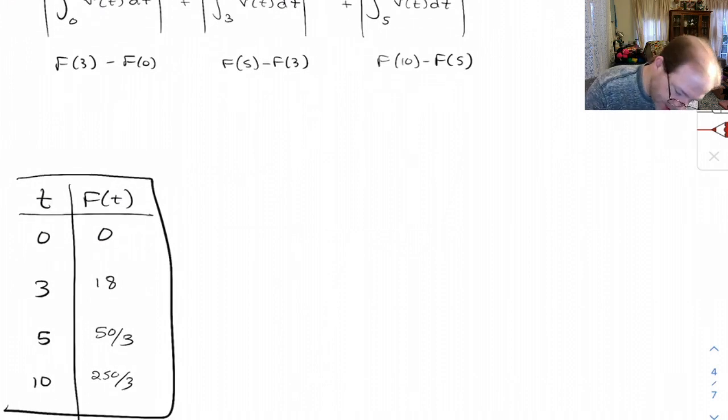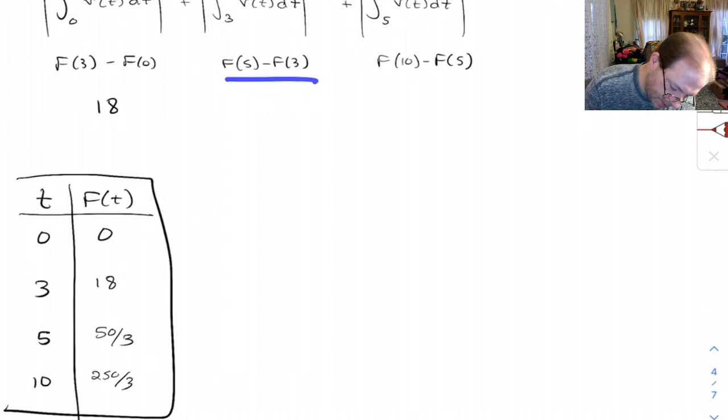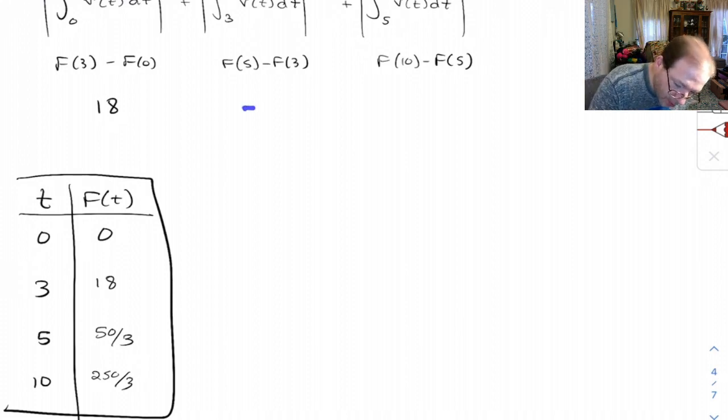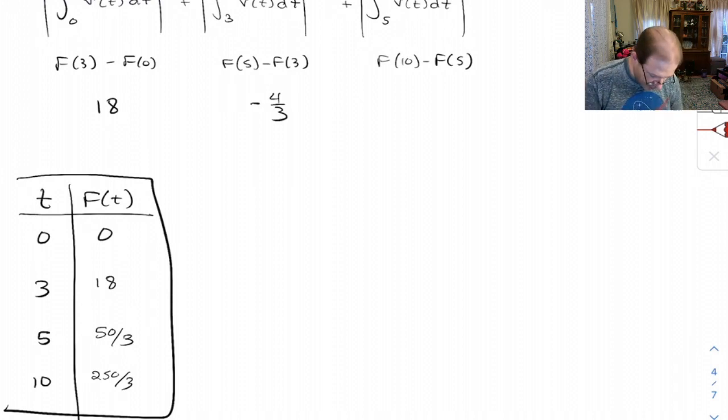So F(3) minus F(0), that's 18. F(5) minus F(3), 50 over 3 minus 18 is negative 4/3. And then 250 over 3 minus 50 over 3 is 200 over 3.